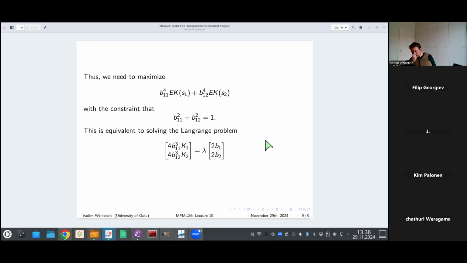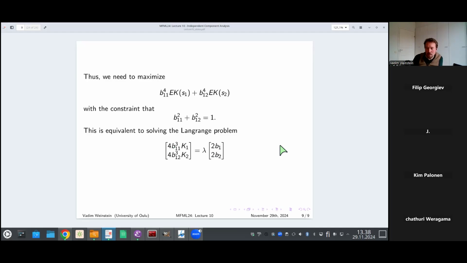So if K1 is not equal to K2, essentially that's what I wanted to say, then the only solutions here are 1 and 0, which shows that if you maximize this expression with respect to b11, b12, and I have another mistake, this is supposed to be b11 and b12 over here. Anyway, this shows that if I maximize this expression, it must be a solution to this equation with some lambda. So then this might be 1 or 0.